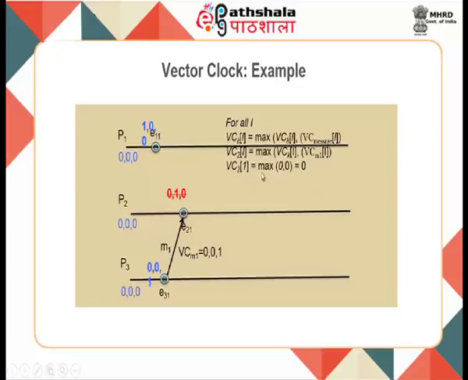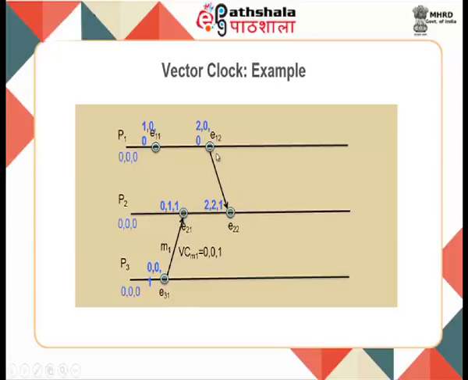First, the maximum of 0 and 0, so the first place is 0. The second value is the maximum of 1 and 0, so it is 1. The third value is the maximum of 1 and 0, so it is 1. So, the final value of this event will be 0 1 1.